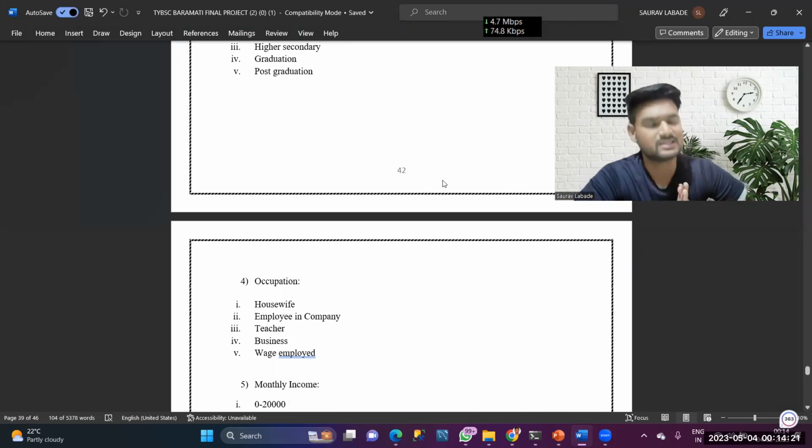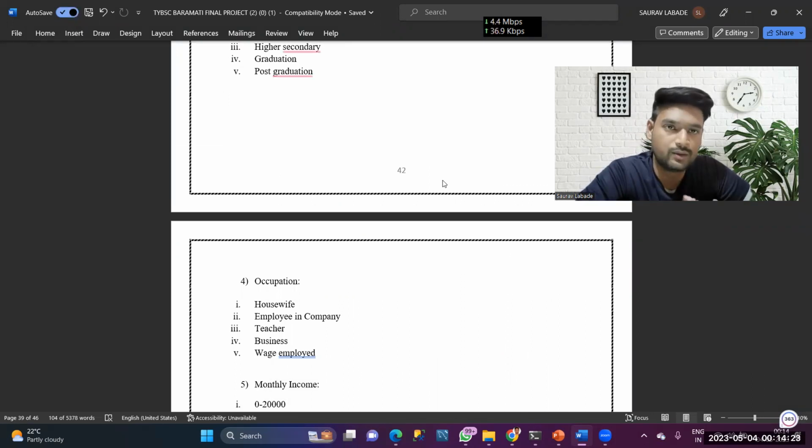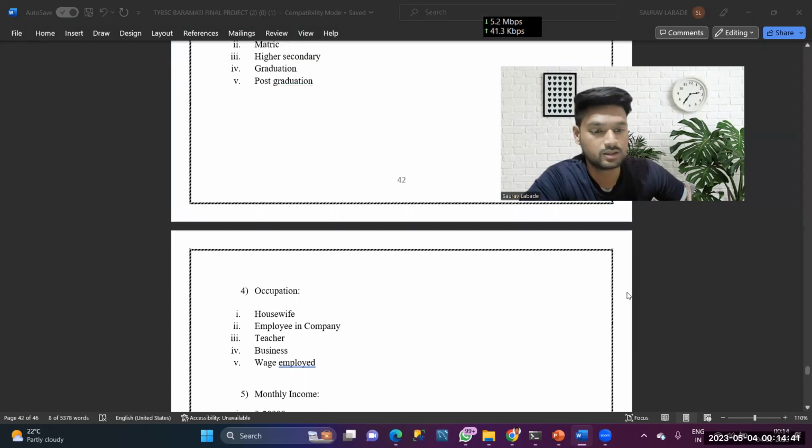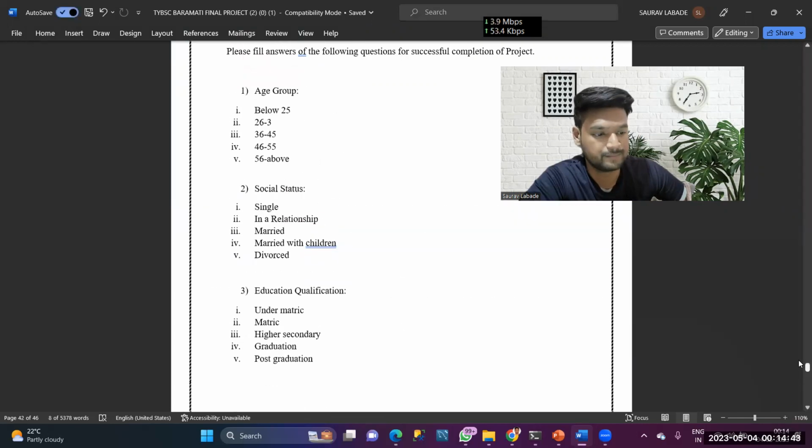I had already said that if you consider only 10 to 12 pages, then also it is fine. The first thing you need to consider in this project is the title page, second will be your certificate page, then there will be your goals.